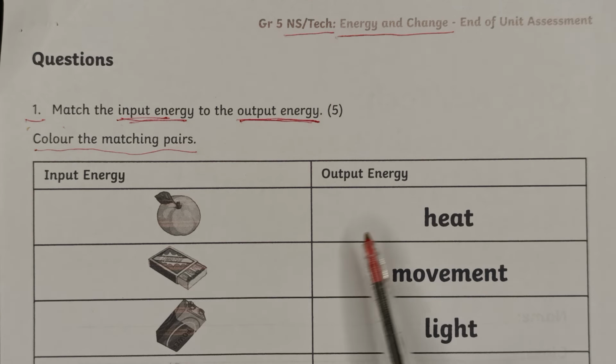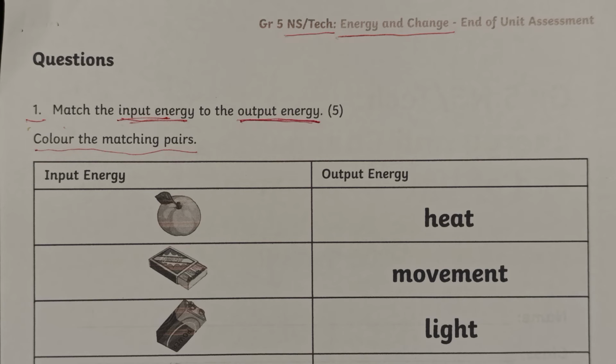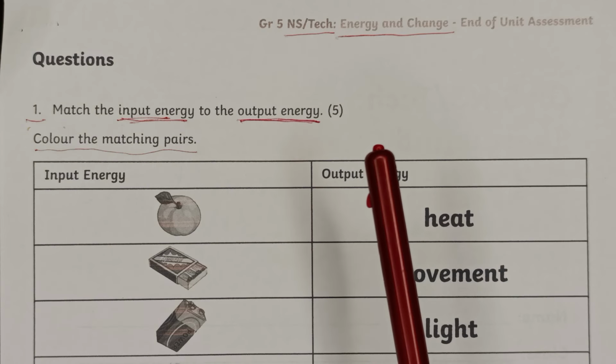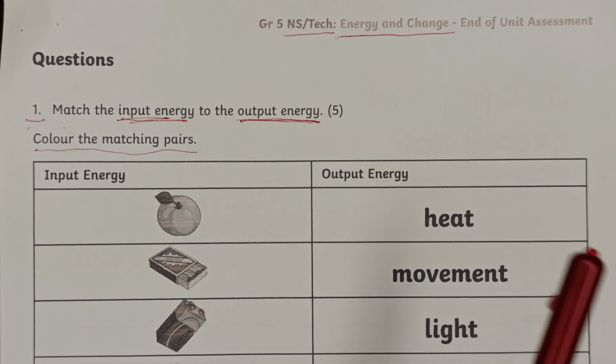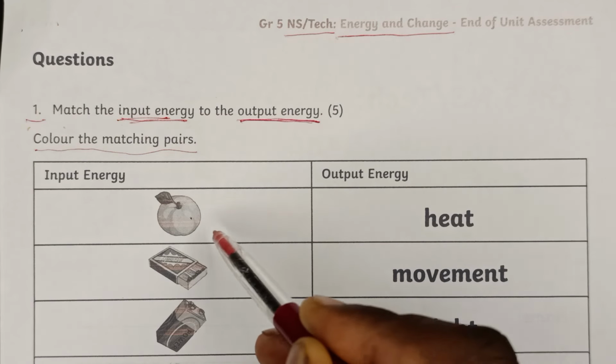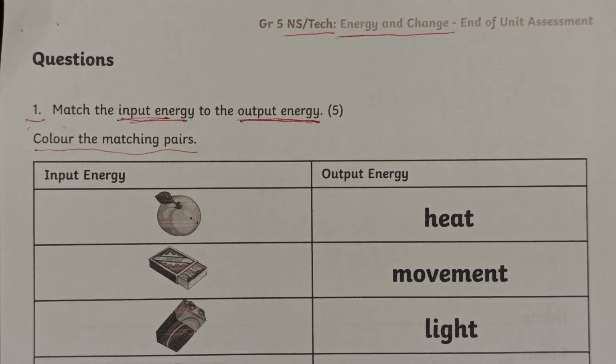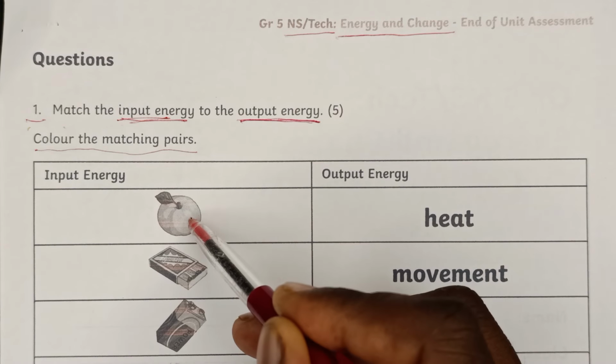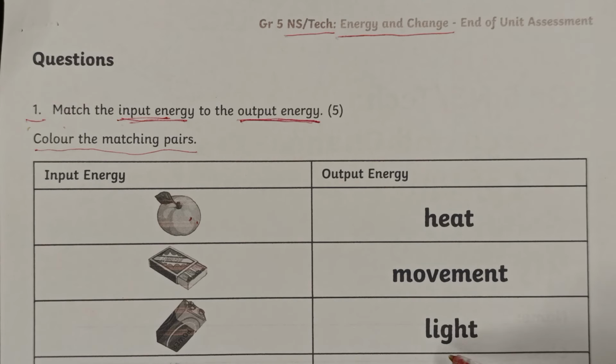That is what this instruction is trying to tell us. But I only have the red pen with me, so I will just use lines. I will draw a line from the output energy to what I think is the correct answer. All right, let's get to it.